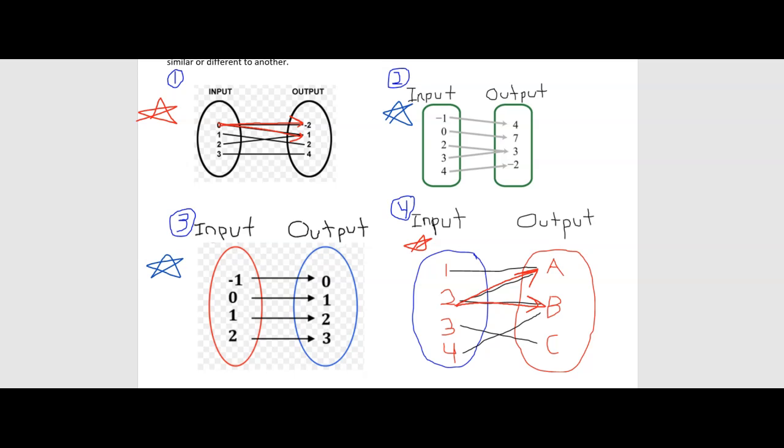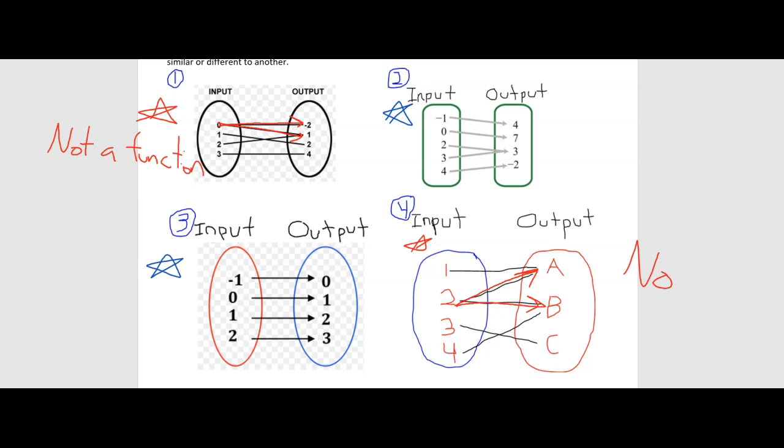And again, we don't really know what functions are yet, but at the very basic level, this is why 2 and 3 are functions and 1 and 4 would not be functions. It has to do with, do the inputs go to just one output, or do they go to more than one output? So again, number 1 would be not a function, and we'll nail down this vocab in a second.